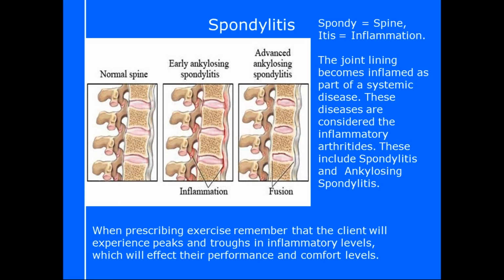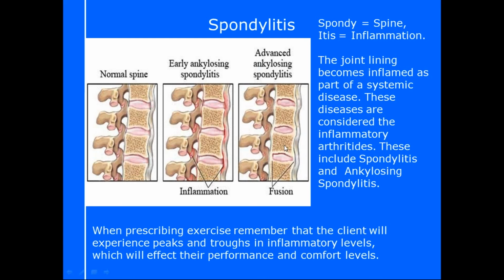So if you look now at the second image, you can see the inflammation starts to appear around the joint lining. So the joint lining is going to be here around the intervertebral discs and also on the facet joints. Now over time, based on all of this inflammation and damage and wear and tear, and the body starting to attack itself and cause healing, it creates a self-fusion.